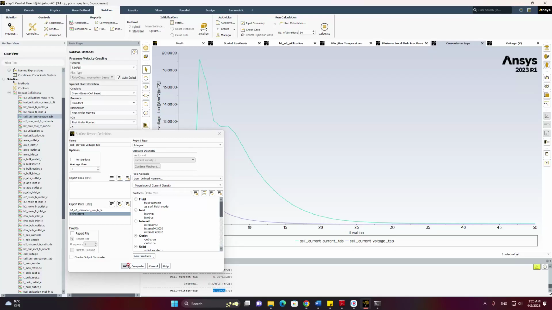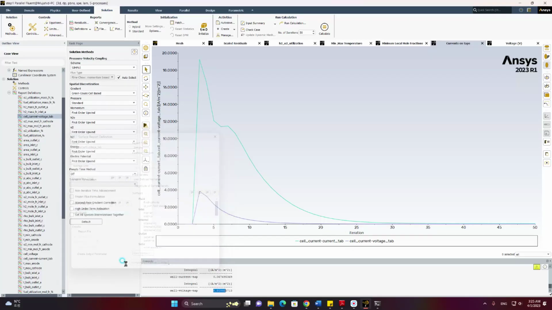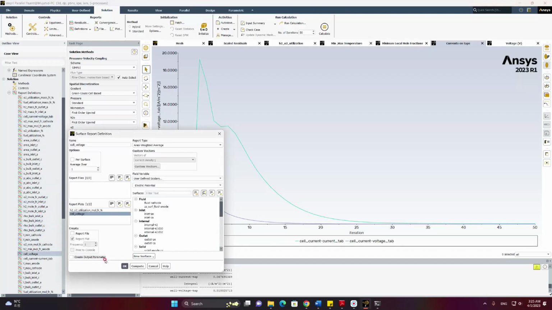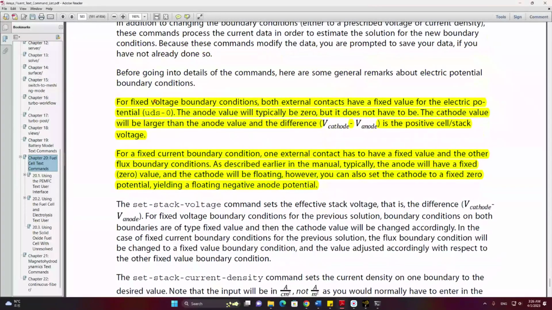And now the voltage, if we want to compute the exact voltage, go to cell voltage and compute. This is about 1 point, and this is the OCV voltage we are getting. And this is important to check that we have selected cell. Here it mentions that for fixed voltage boundary conditions, the cathode value will be larger than the anode value.